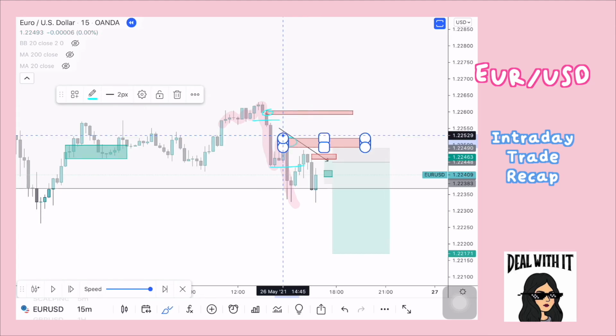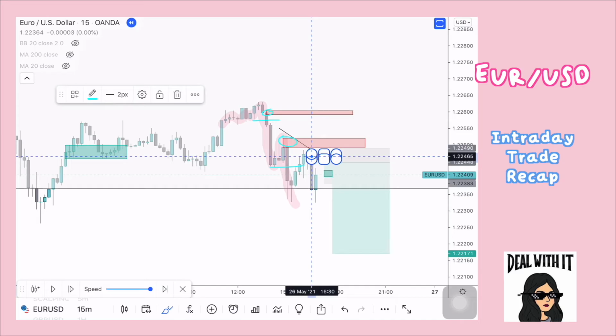And I also had one over here, which was a break of structure. It's been a while, so I think it's probably here that I considered a break of structure. From this, I identified on the 1 minute that price action was heavily bearish, and I was looking for continuation sells.